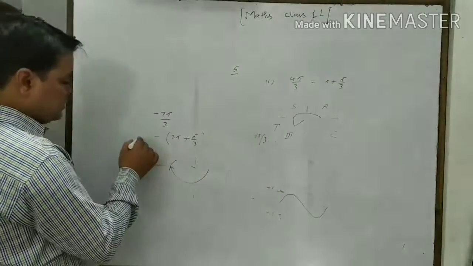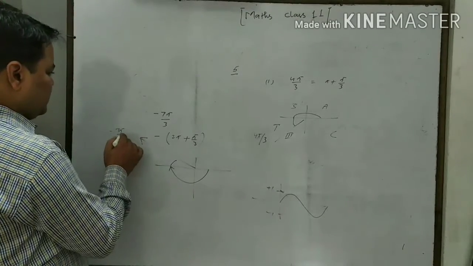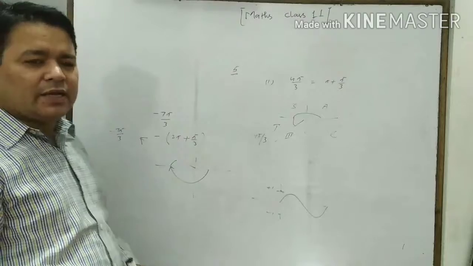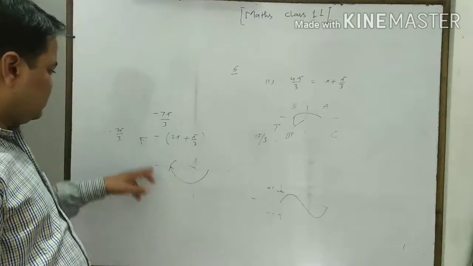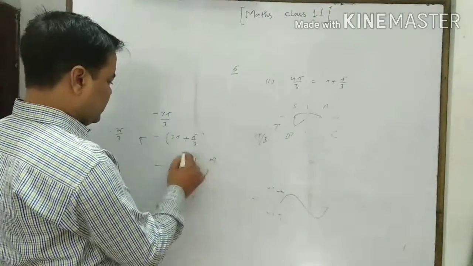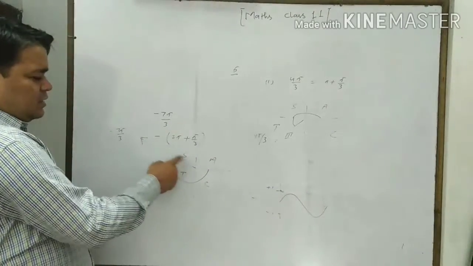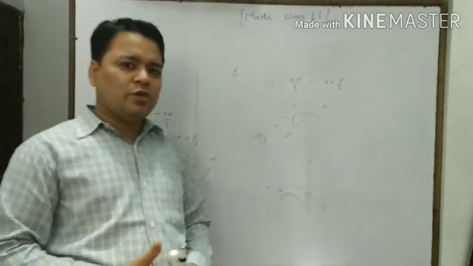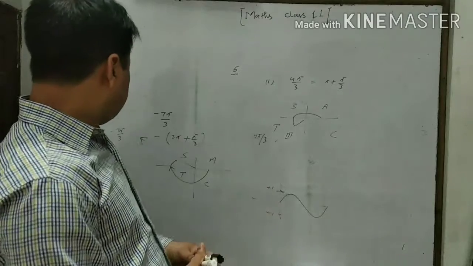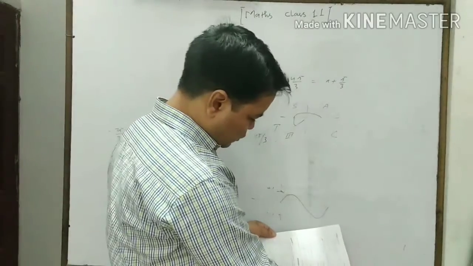Since the angle is negative, it goes in the clockwise direction, this direction. Second quadrant, and in the second quadrant we know ASTC: A means all positive, S. For the second quadrant, sine and cosec are positive and others are negative. So we can say for 7 pi by 3, sine and cosec are positive.